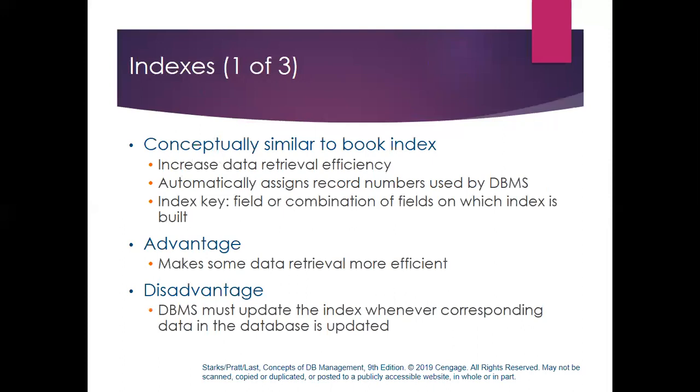The field or combination of fields on which the index is built is called the index key. An advantage of the index is that it makes some data retrieval more efficient. A disadvantage of the index is the fact that the database management system must update the index whenever corresponding data in the database is updated.